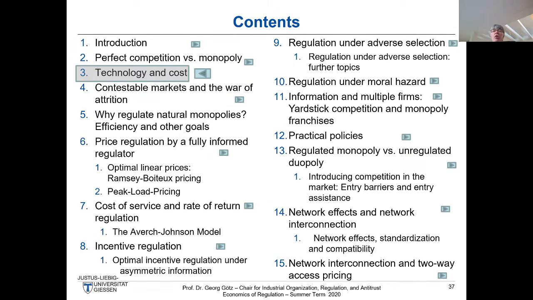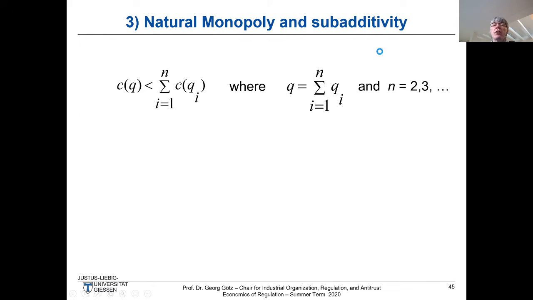And pretty much the last thing I did last Thursday, I think, was introducing the concept of subadditivity. And that's where I'm going to jump to right now if I find the respective slide. Yes, that's where we are now.